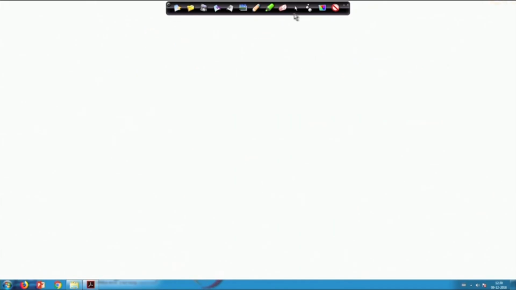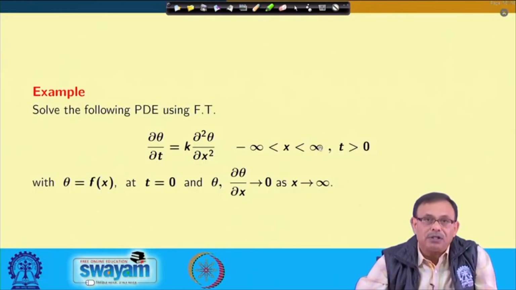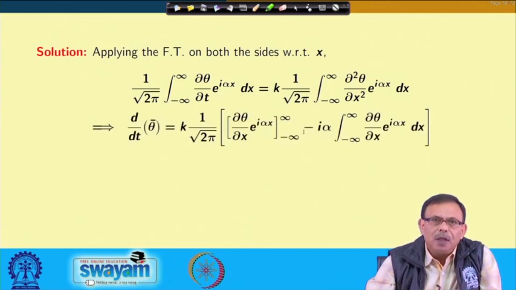So, let us see quickly over here. The problem is given like this. I am taking the Fourier transform, 1 by root 2 pi integral from minus infinity to infinity of del theta del t equals e power i alpha x dx, and the right hand side is this. The left hand side is nothing but d dt of theta bar, because you are taking the Fourier transform with respect to x.